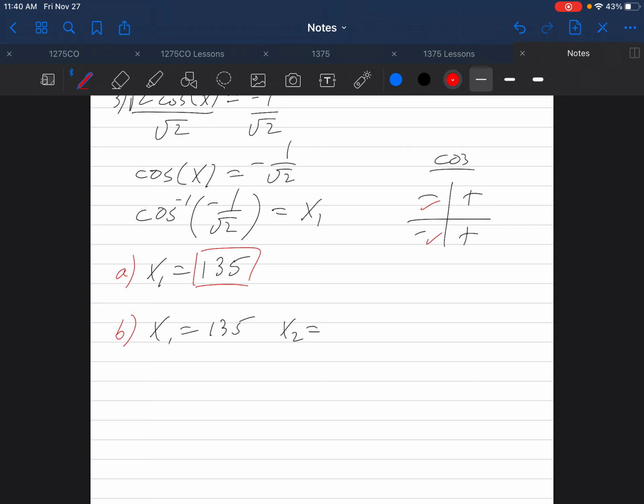That means our other answer is supposed to be in the third quadrant. Let's see if that happens. 360 minus 135 is equal to 225, a third quadrant angle. So 135 and 225 is our answers from 0 to 360 degrees.